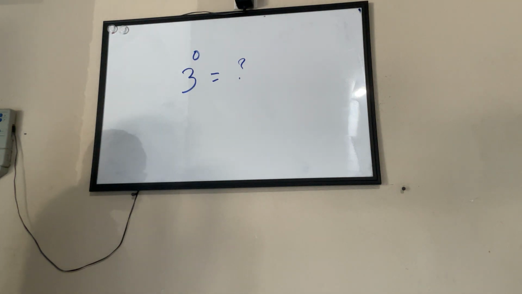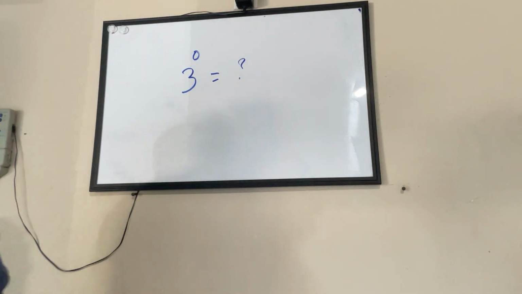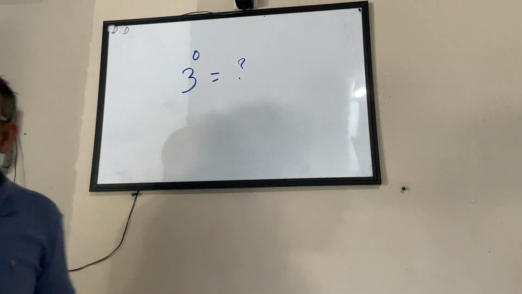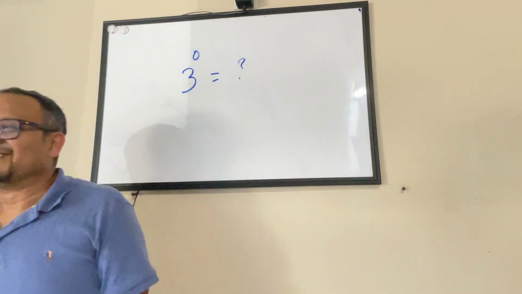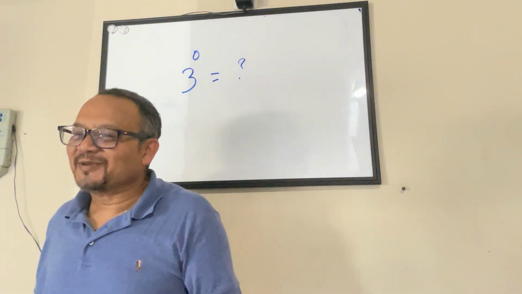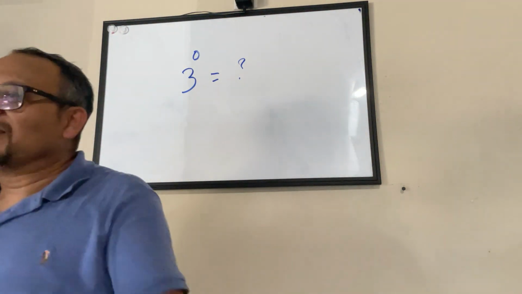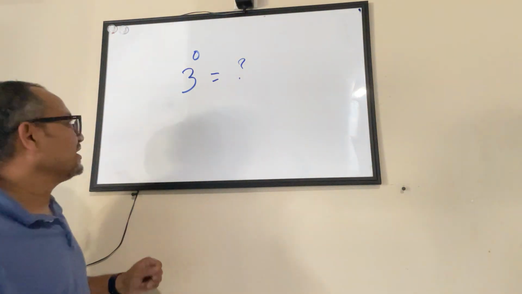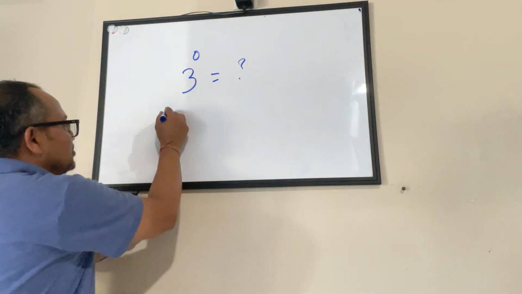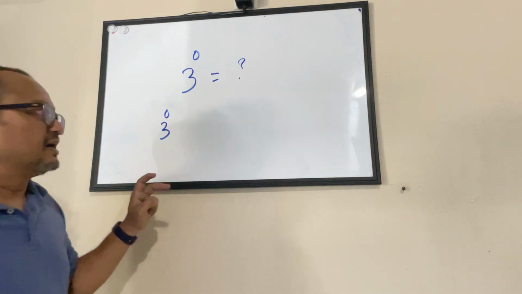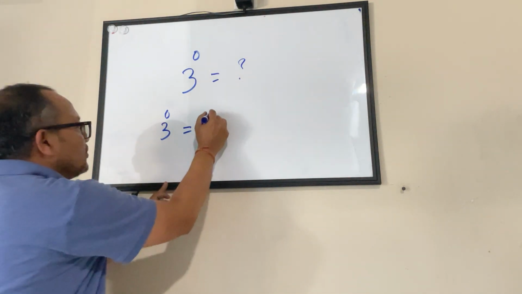That is one answer. 0. Okay, that is another answer. And I'm very happy to say both of you are wrong. No, I'm just kidding. I'm not happy when my kids go wrong. But I'm saying both the answers are wrong. Okay? 3 to the power 0 is 1.